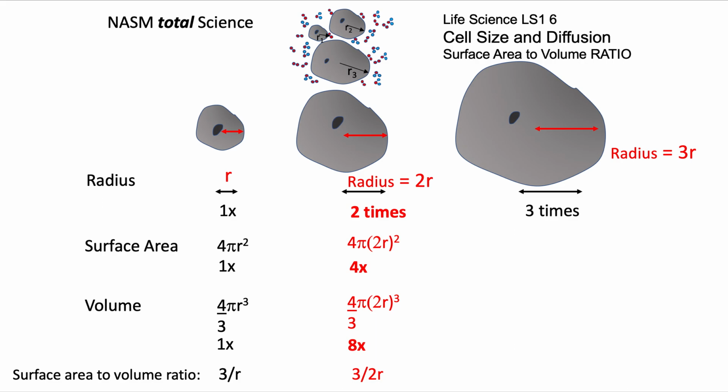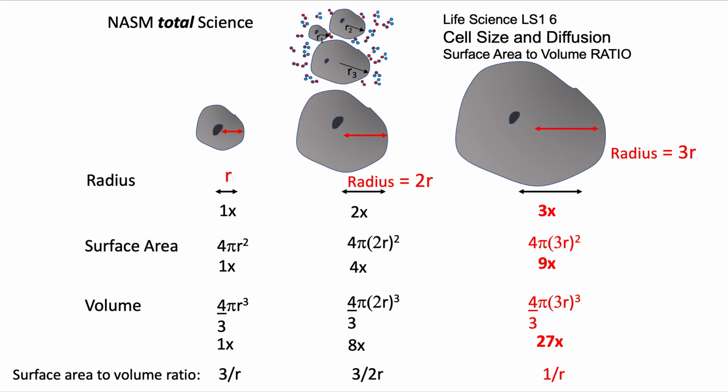And finally, for 3 times, pause while you work it out, where you put 3r, whereas in the first one you just had a single r. So here we've got 4 pi times 3r all squared, that's 9 times the surface area.